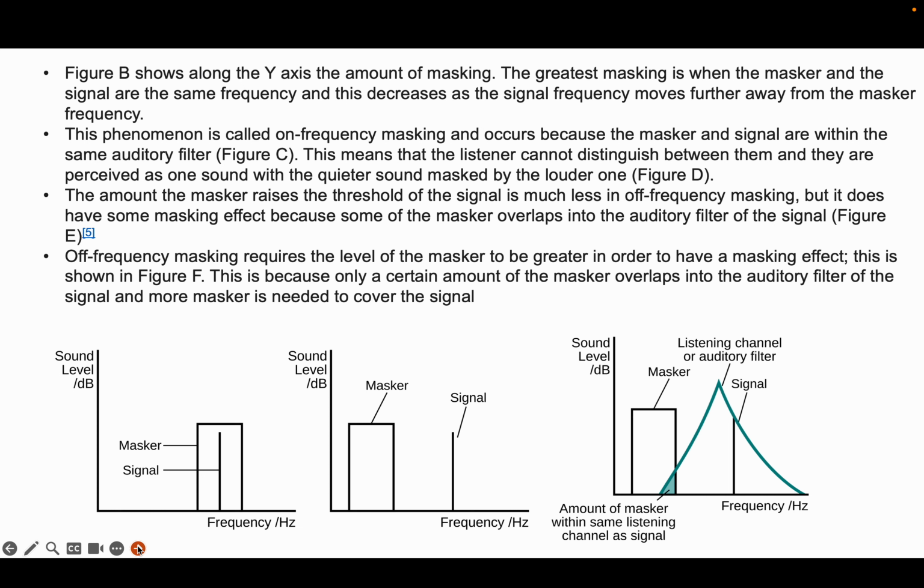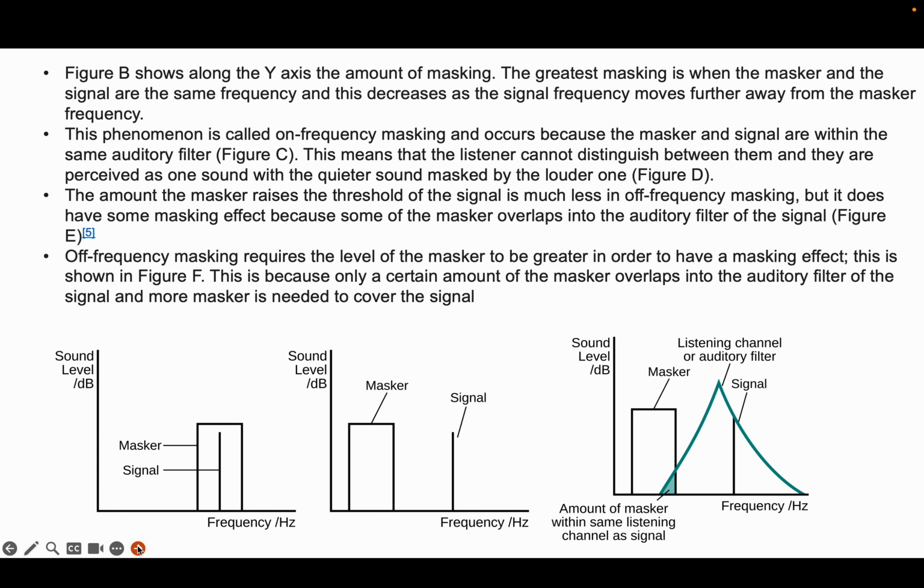This is called on-frequency masking, and obviously occurs because the masker and the signal are within the same auditory filter, so the listener can't distinguish between them, and they're perceived as one sound, with the quieter sound being masked by the louder one. The amount the masker raises the threshold of the signal is much less in off-frequency masking, but it does still have some effect because, as you could see, it overlaps into the auditory filter of the signal.